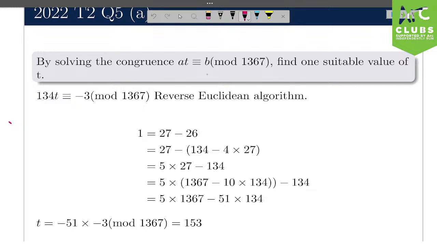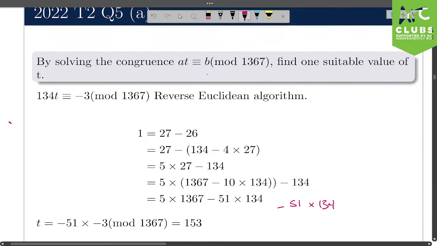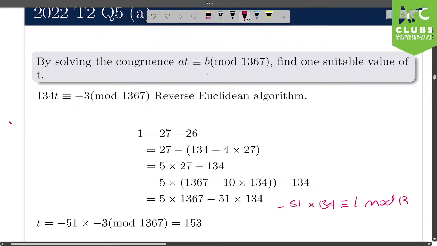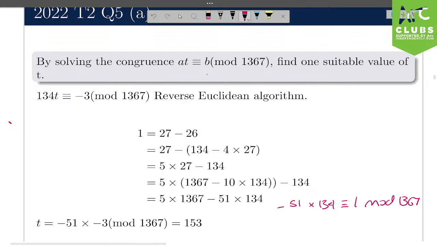We get 1 is equal to 5 times 1367 minus 51 times 134. If we take this mod 1367, we get minus 51 times 134 is congruent to 1 mod 1367. Since we want solutions which are congruent to minus 3, we multiply this by minus 3.